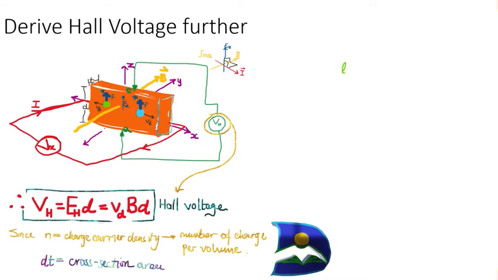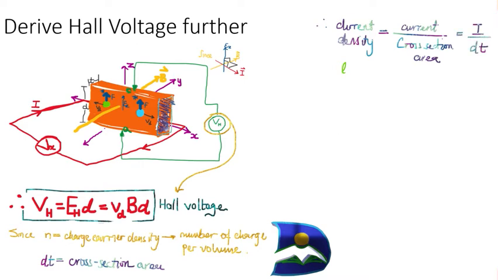And once you have that, the next thing to consider is how you can use that to determine the current density. We know that the current density is equal to the current divided by the cross-section area. Therefore, in this case, I divided by dt gives you the current density.